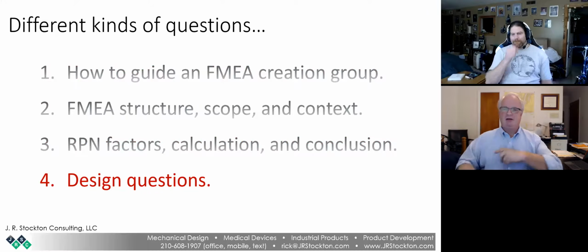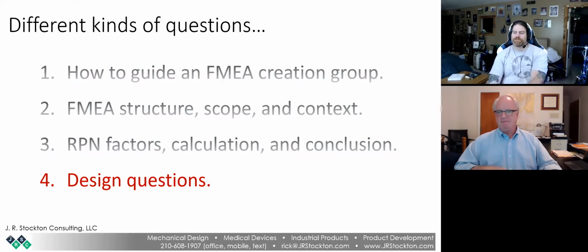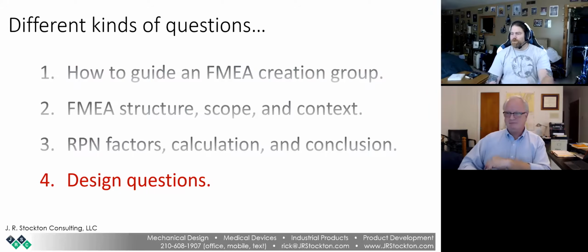And this is probably one of the best things about this analysis: you don't even have to do it perfectly. You just have to do a decent job of it, and you will actually begin to answer design questions during this. And that makes a huge difference. We're kind of at the end of our time here.